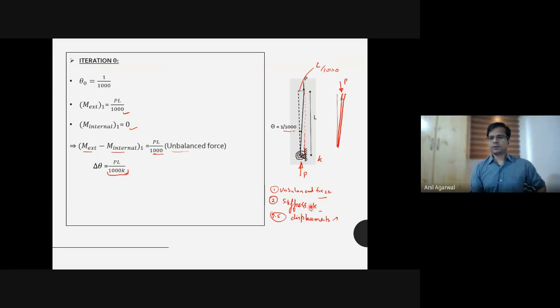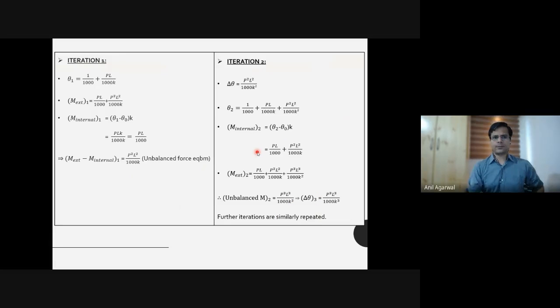In the first iteration, we got the deformations. The additional deformation turns out to be PL by 1000 K. So this is the total displacement: that is the original one, theta 0, which is 1 by 1000, plus in the first iteration we got PL by 1000 K. The external moment is directly dependent on the total deformation.